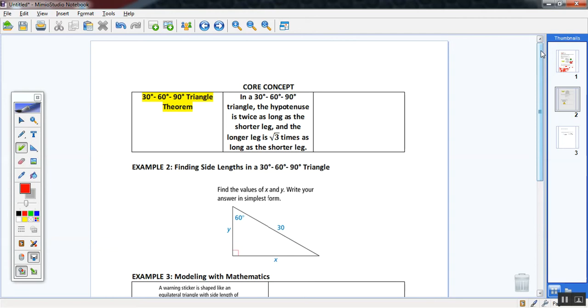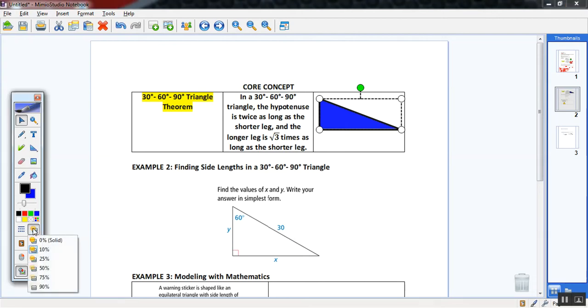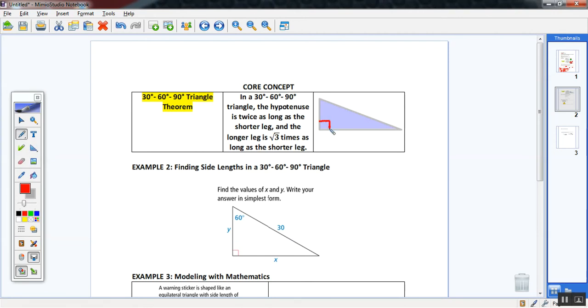Okay. I'm going to just give you the basics of this. I'm going to draw 30, 60, 90 as best I can. I think that's pretty good. Okay, in this right here, your right angle is always where the L shape is.